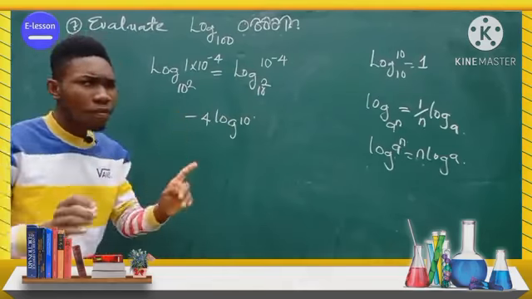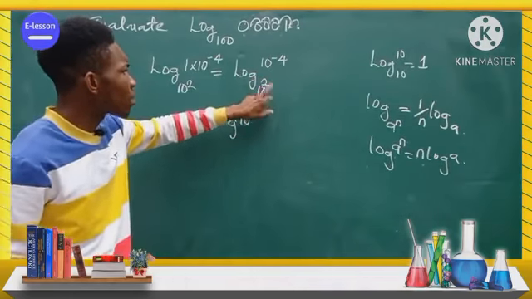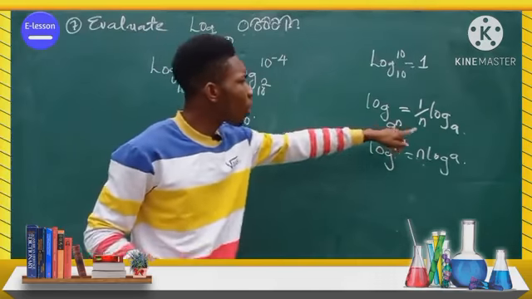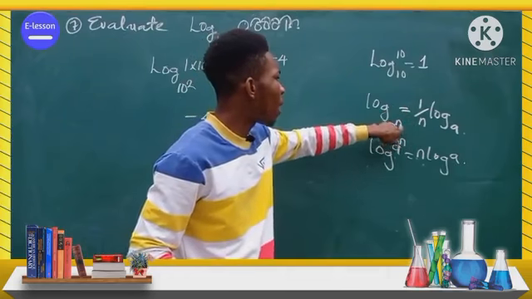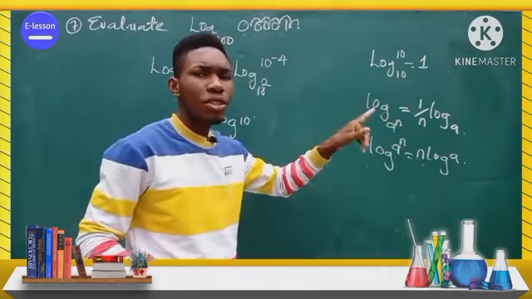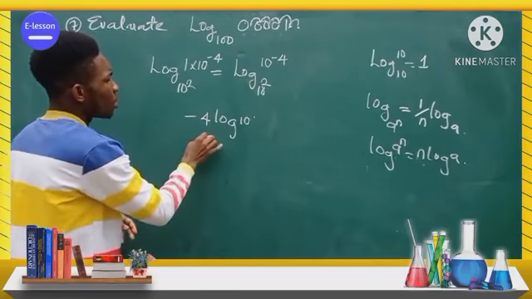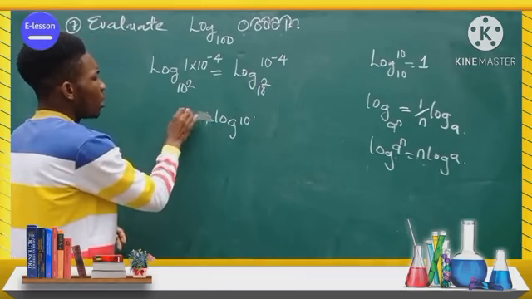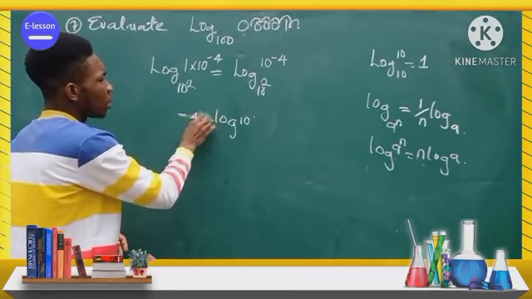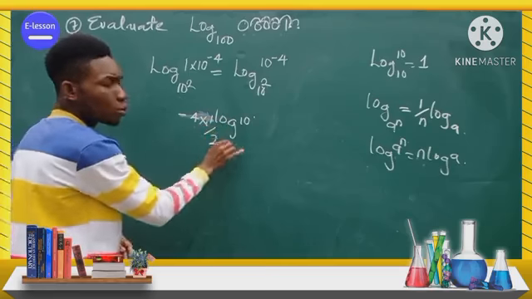Now, in the same vein, if you have log to base 10 square, according to the law here, when this one is the base, then we have a raised to the power of n. N will come here, but it will be the reciprocal, which is 1 over. So this is minus 4 times, this one coming here becomes 1 over 2.